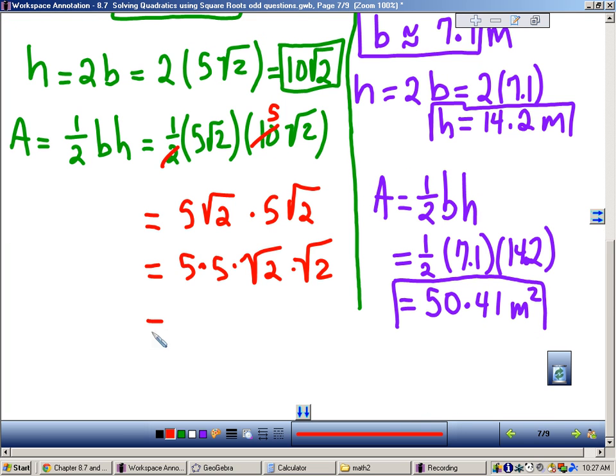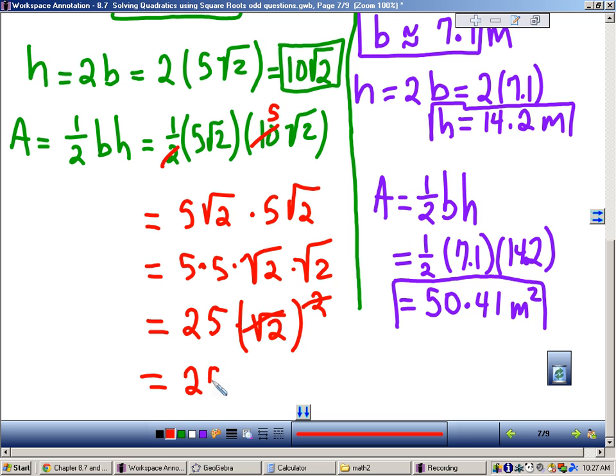Now I'm going to work this out completely so you see how this works. 5 times 5 is 25. Radical 2 times radical 2 is 2. If you don't know that, if you write it as a power, it's radical 2 squared, right? And so doesn't the square root and the second power undo each other? They're inverses of each other.